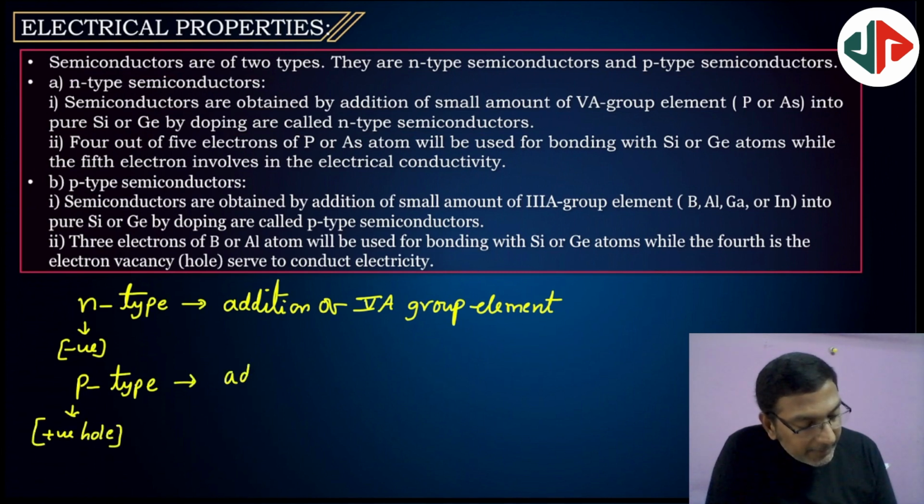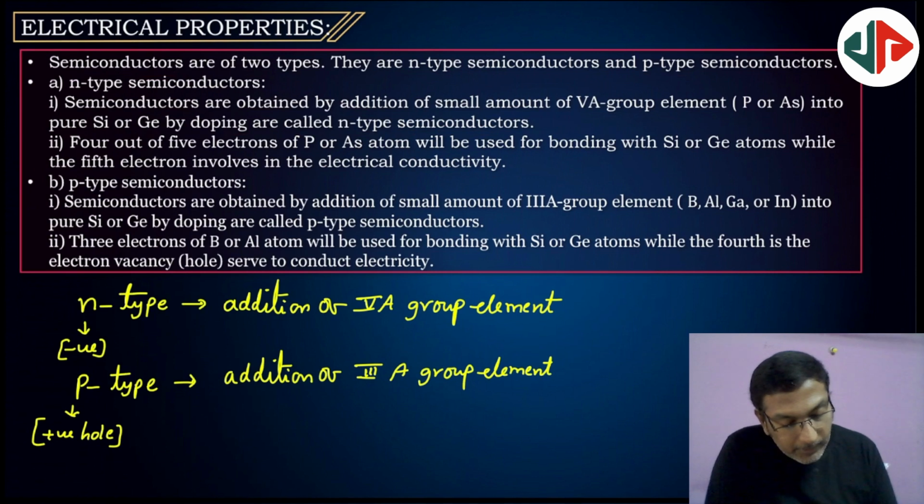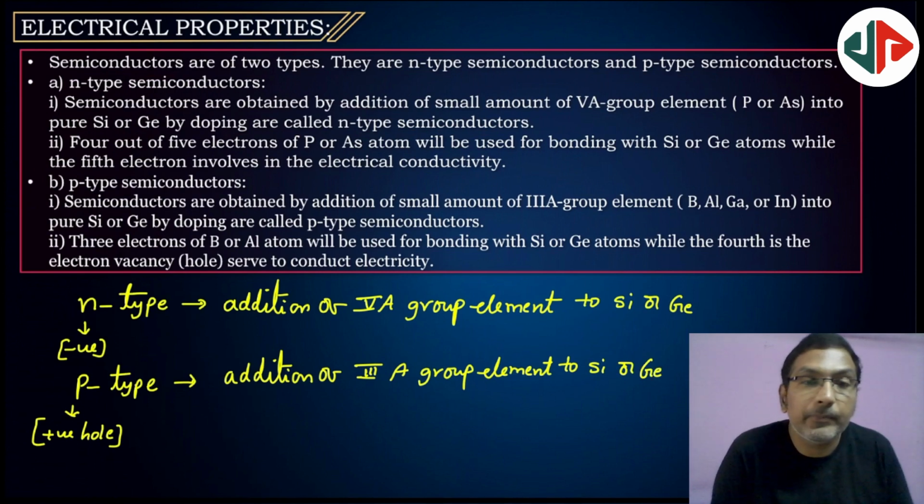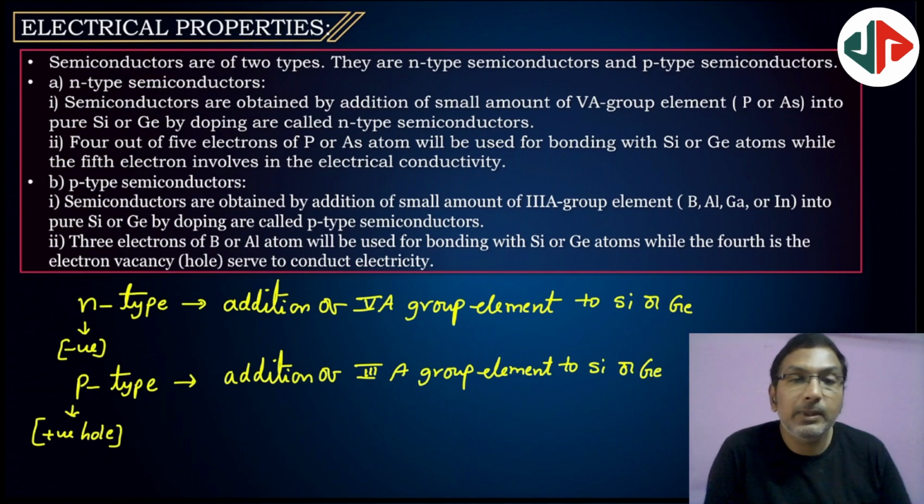It is formed by addition of a third A group element to silicon or germanium. This process is known as doping.